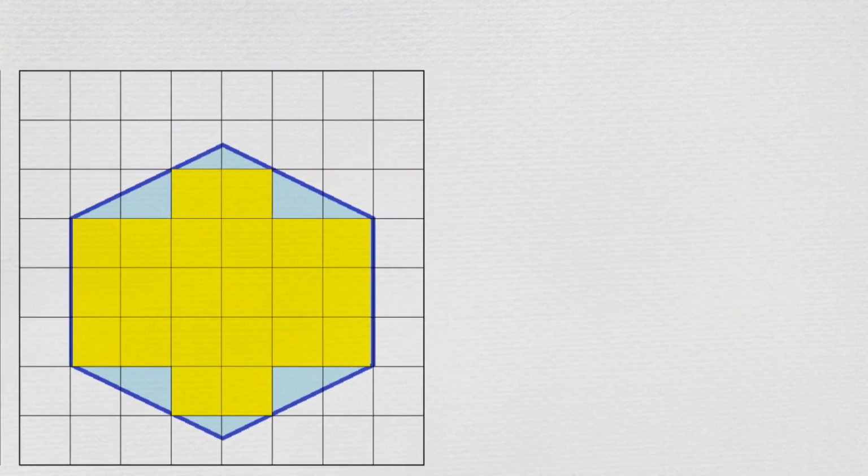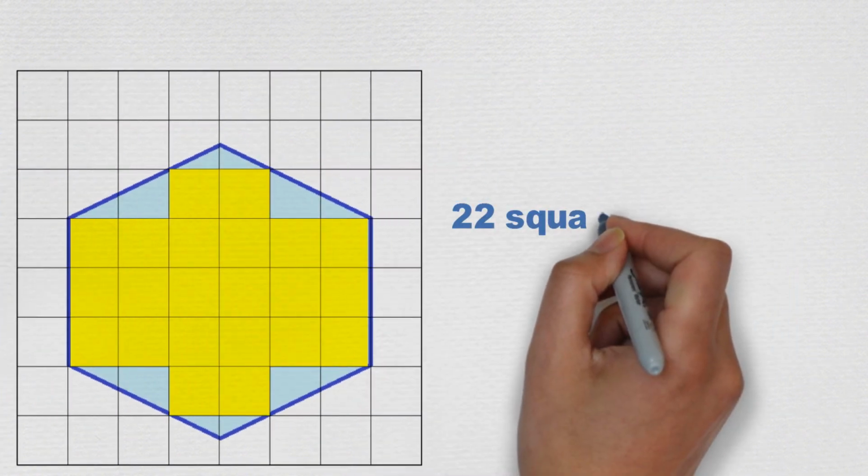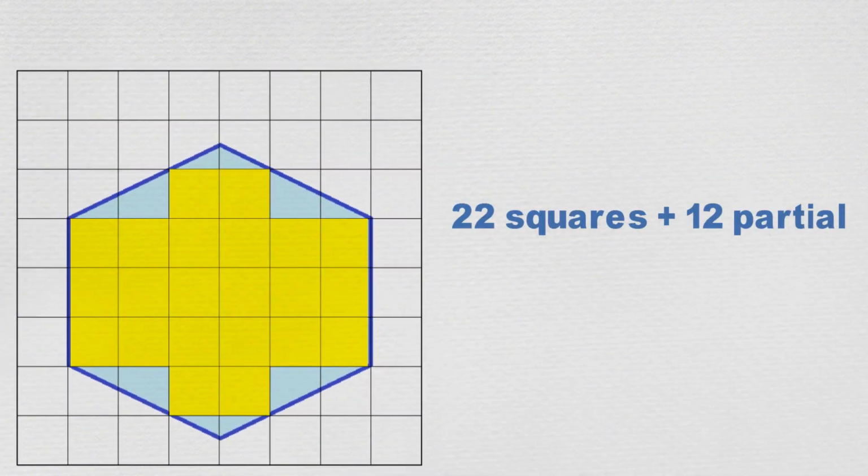In this example, we have 22 full squares and 12 partial squares. These 2 partial squares would add up to about 1 whole square, and the same for these 2, and these 2.